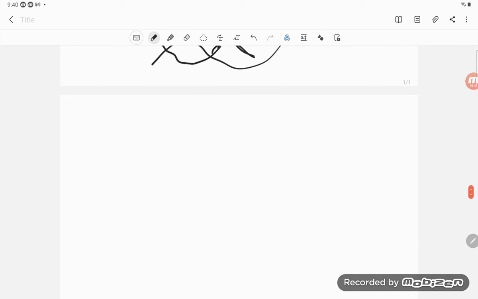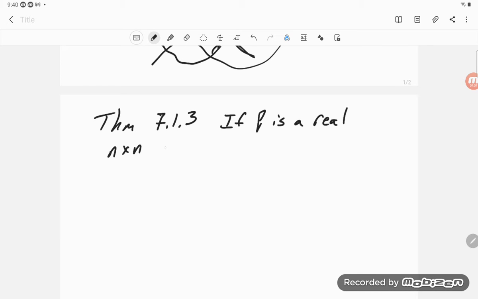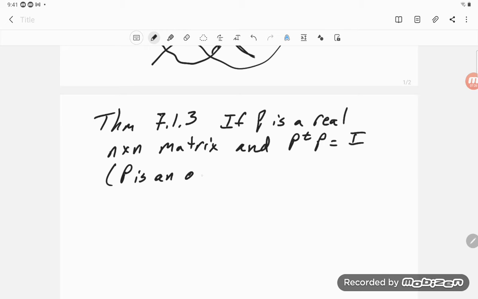Now from that we get our theorem 7.1.3, which says, now they say just a 2 by 2 matrix, but in general, if P is a real n by n matrix and P transpose P equals I, that is, P is an orthogonal matrix.